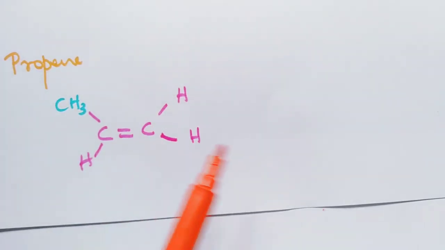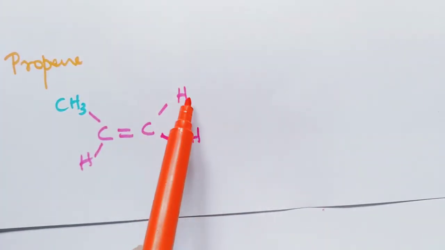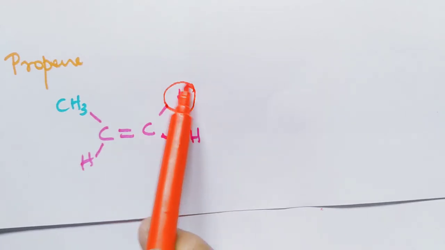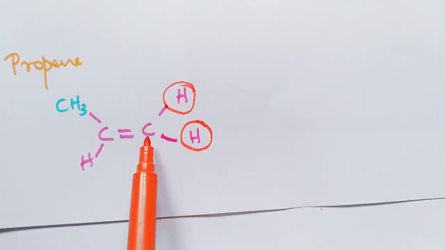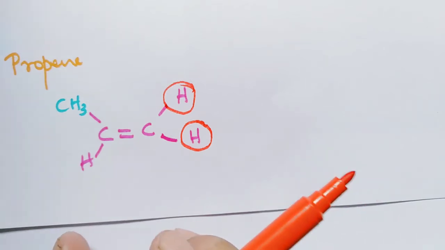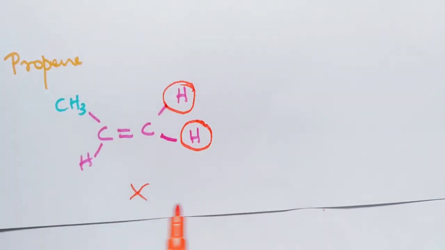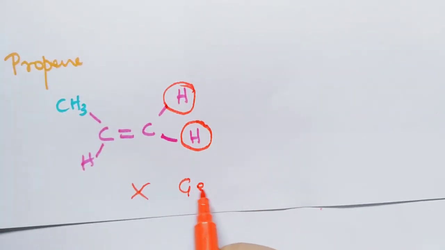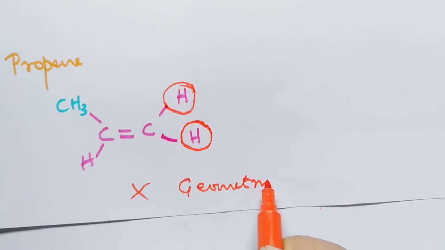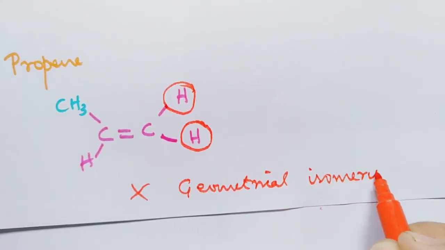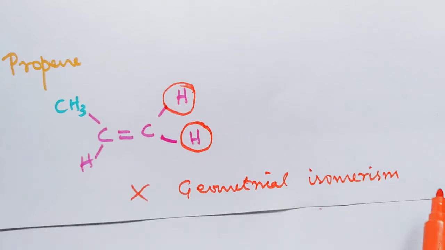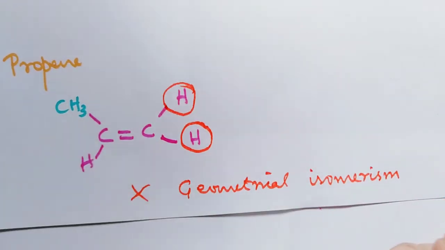We have a double bond here. Now we see that to this carbon atom, there are two similar atoms, hydrogen, which are bonded to this. So because of that, it does not show geometrical isomerism.